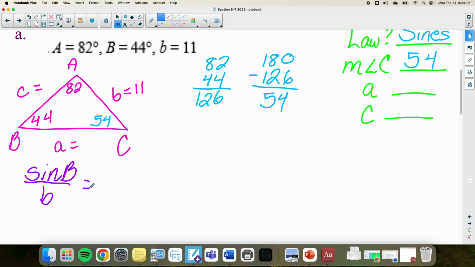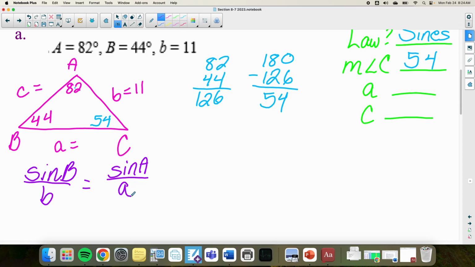Now, with law of sines, it does not matter which side you find first, A or C. For sines, it doesn't matter. So let's say I'm going to find A first. So I can go sine of A over little a.